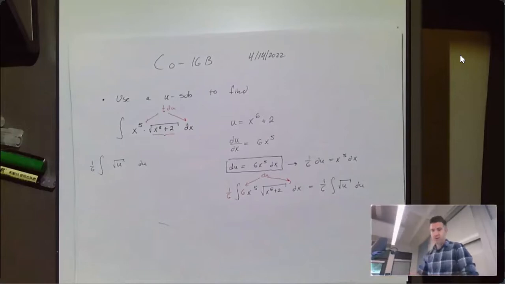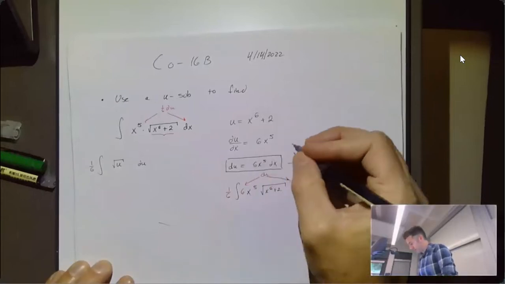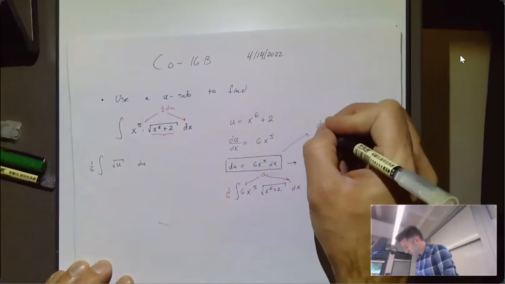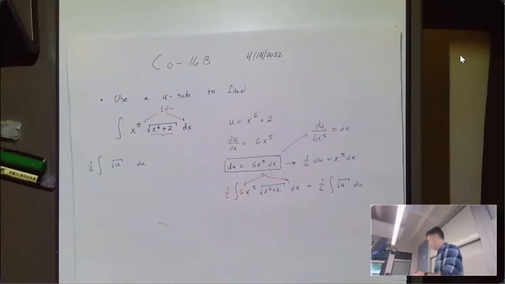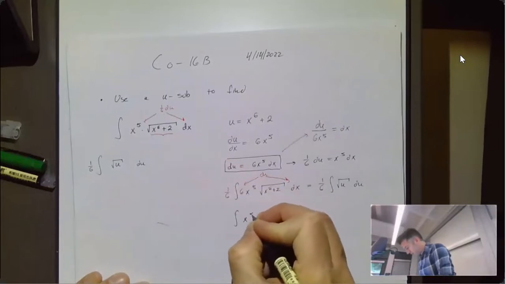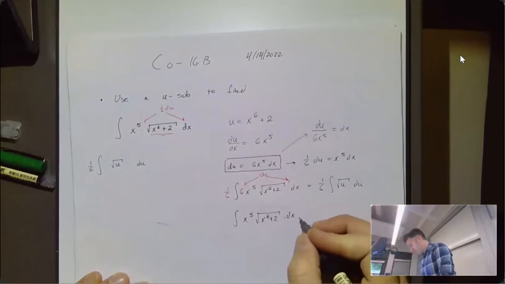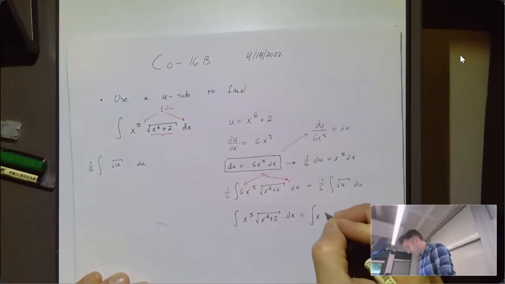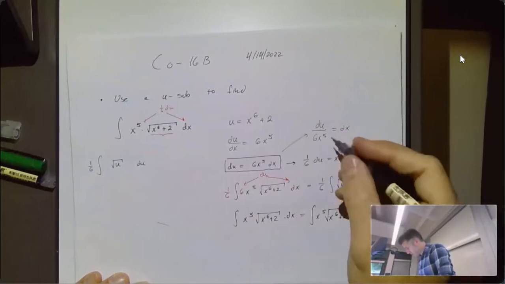Alternatively, some people like to actually isolate dx completely. They say, I'm really going to just divide everything by 6x to the 5th. And so I'm going to say du divided by 6x to the 5th is equal to dx. In that case, they would take the integral x to the 5th times the square root of x to the 6 plus 2 times dx, and replace the dx with du over 6x to the 5th.